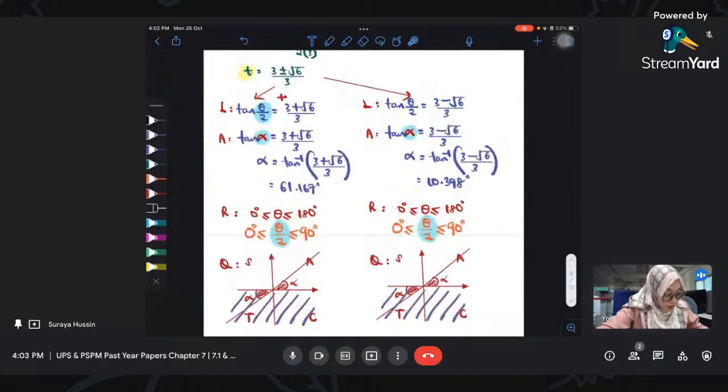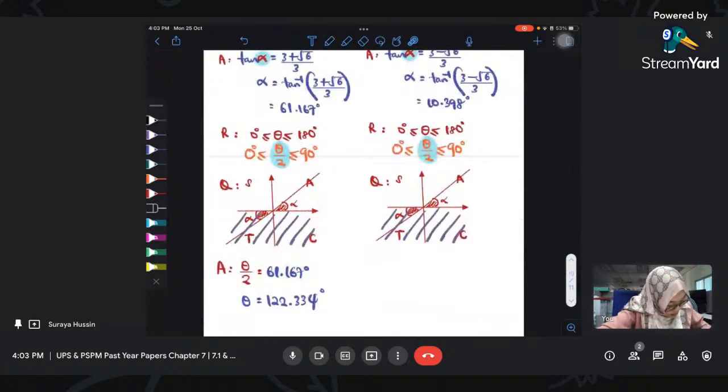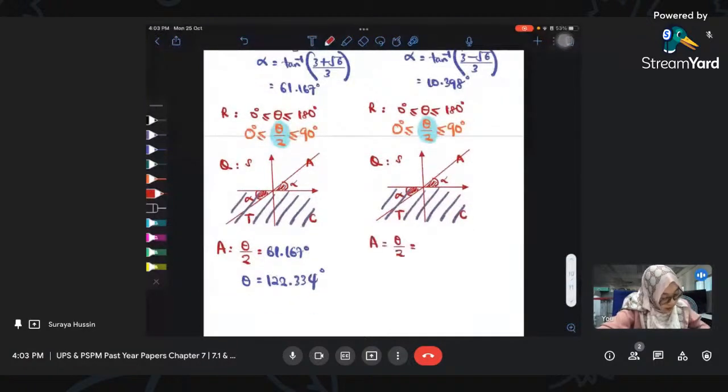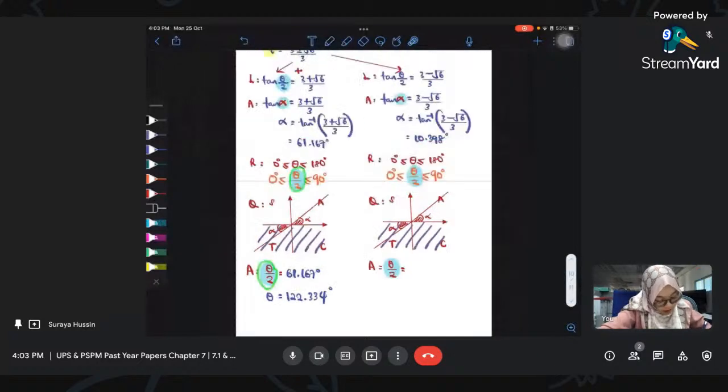And so hence we can write down our answer is equals to theta over 2. So ramai jangan lupa tulis theta over 2. Kamu nampak tak yang saya highlight ni? Theta over 2 is your alpha. This theta over 2 is your alpha.